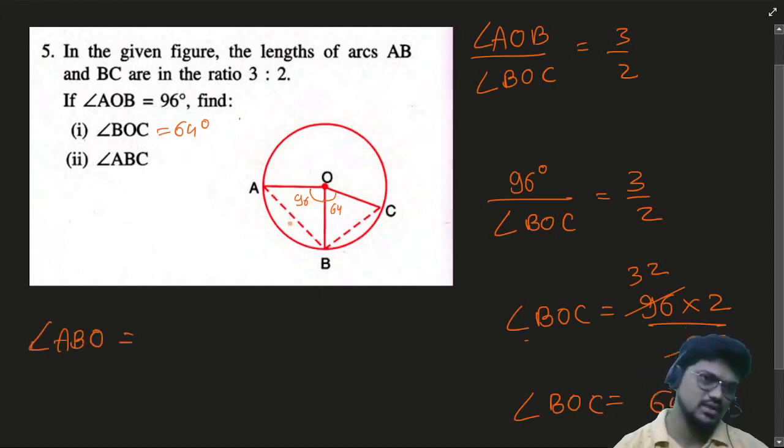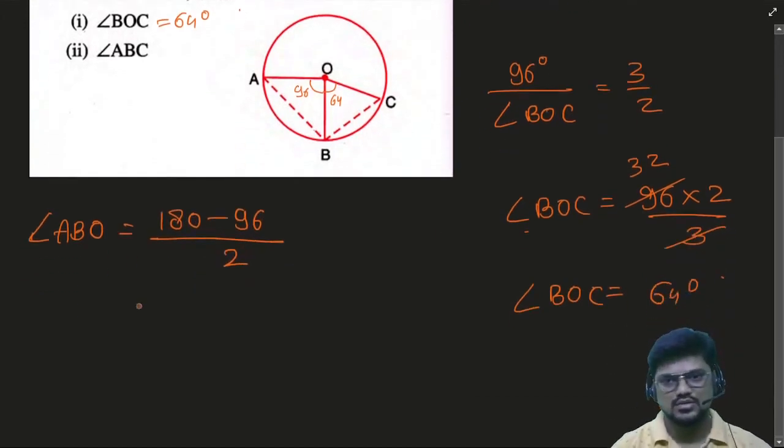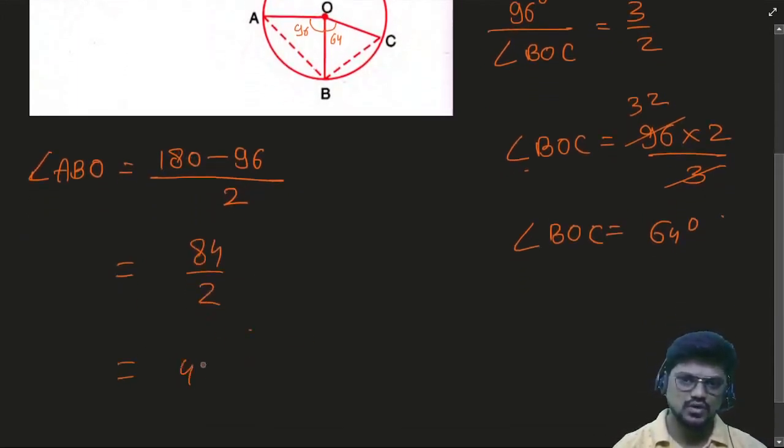This plus 96 should be equal to 180. So 180 minus 96 divided by 2 will give the answer of angle ABO. I hope you are getting it. That is 10 minus 6 is 4, and then 17 minus 9 is 8, 8 by 2. So the answer is 42, angle ABO.